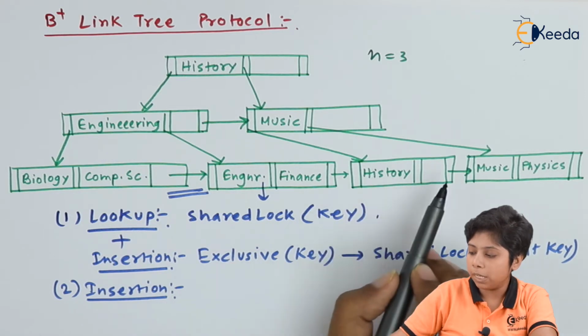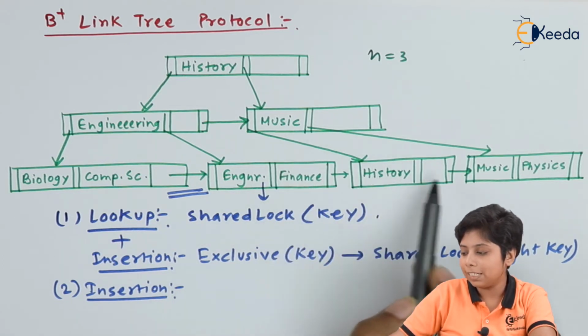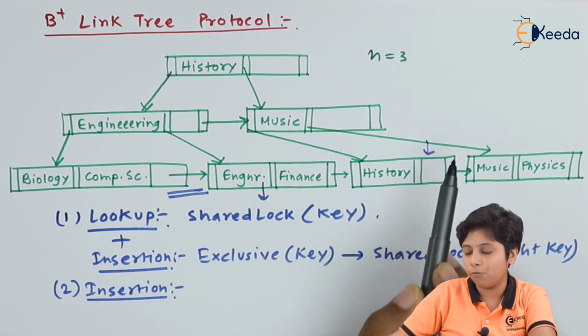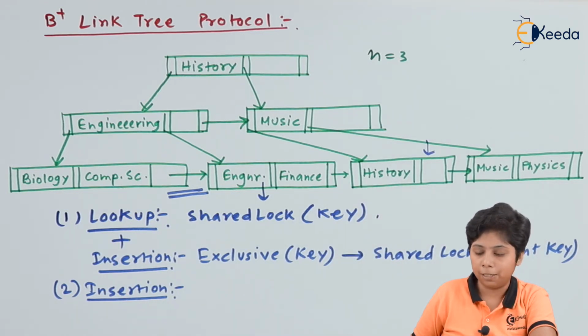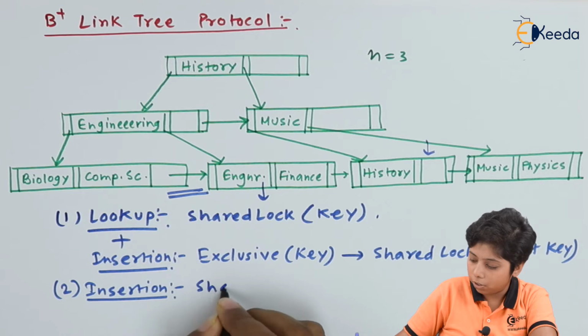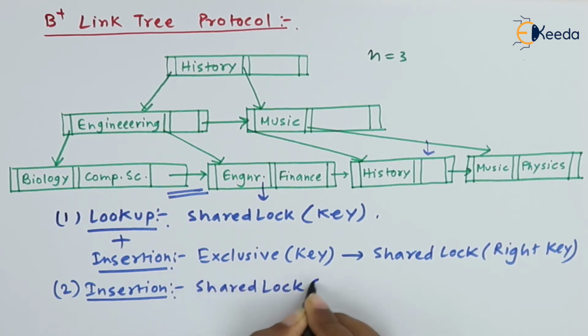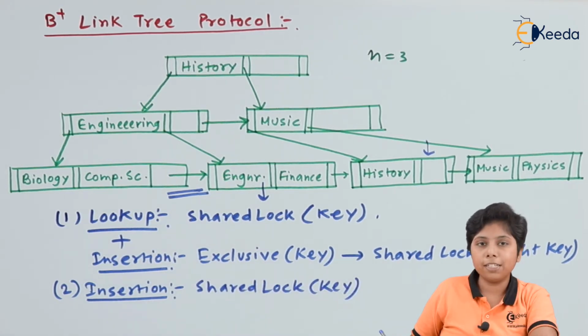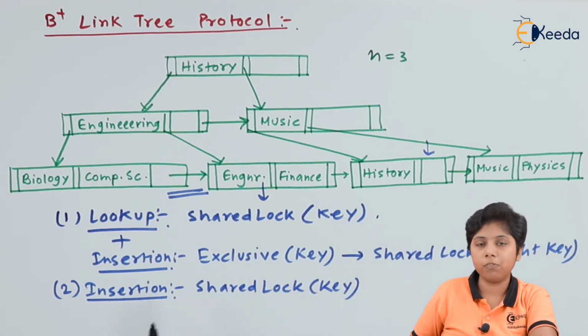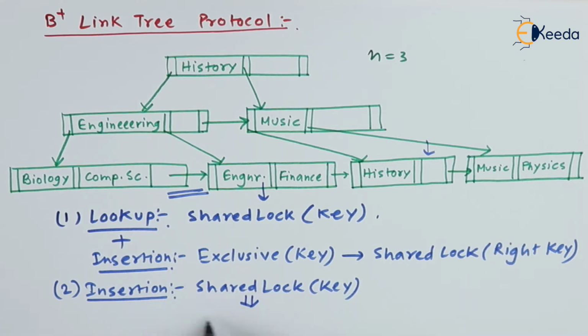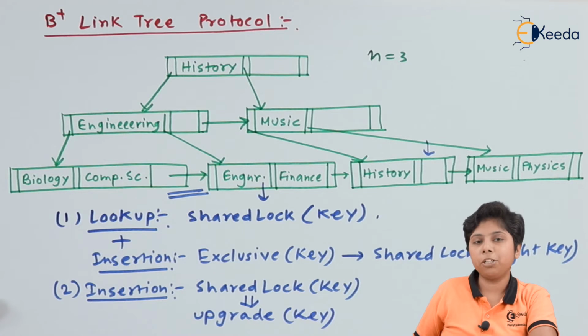Say we need to insert a value that is history and we go into this key field. First we need to do the lookup on this search key, that means a shared lock on that key. Now when we notice the position where we can insert the data, it will upgrade our lock to an exclusive lock. So the upgrade is from shared to exclusive.